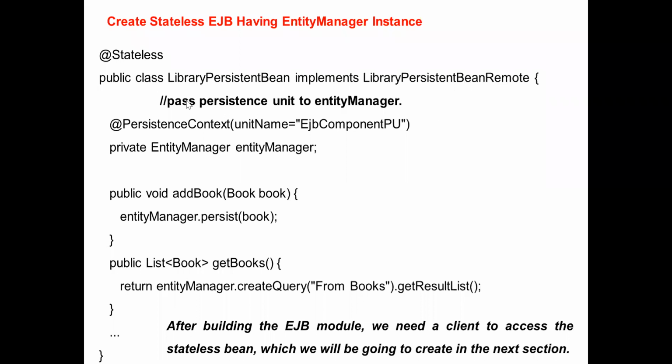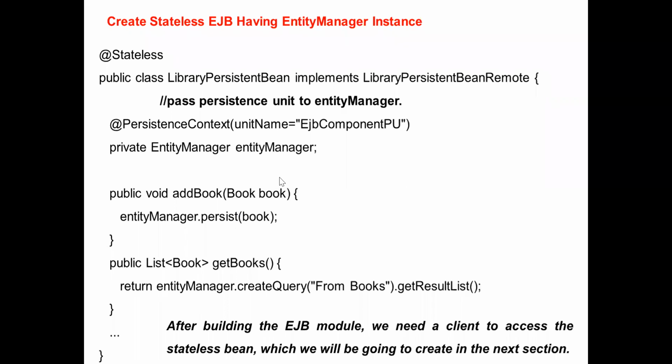In that case, we have to pass the persistency unit to the entity manager. So this is the persistency with the entity manager. By using @PersistenceContext and the name, you can declare the private entity manager, and using the public void addBook of book name and entity manager. So this is an example.